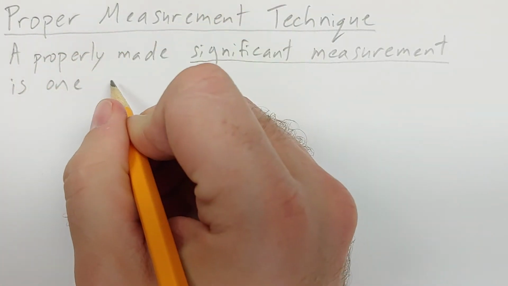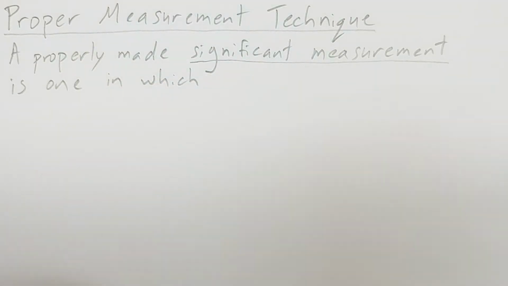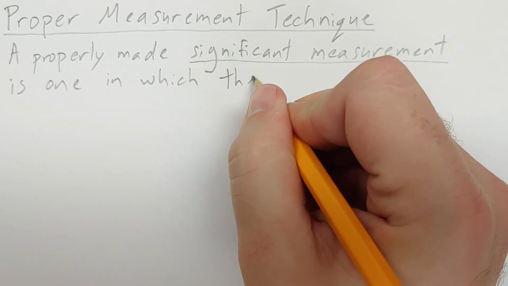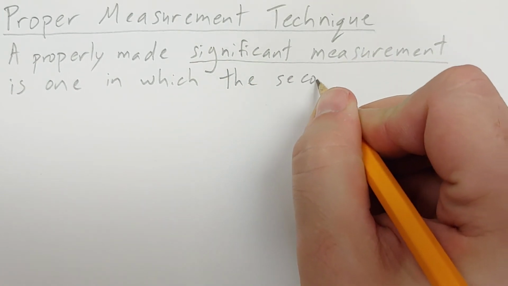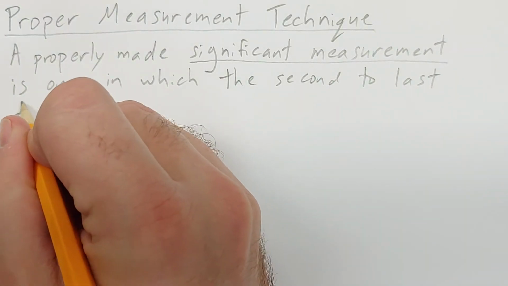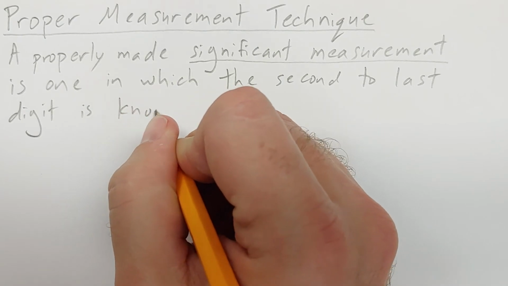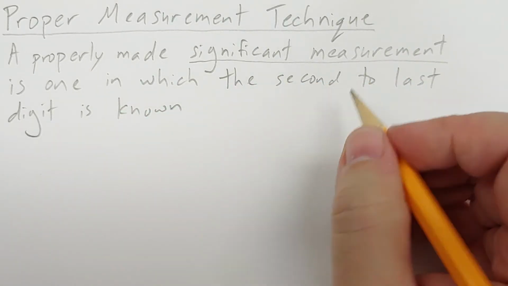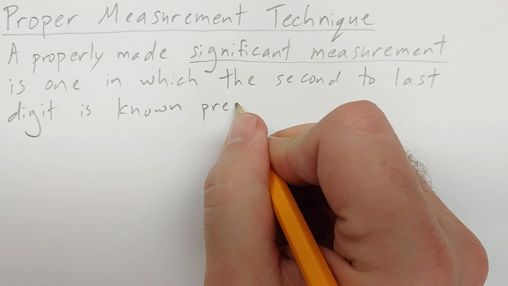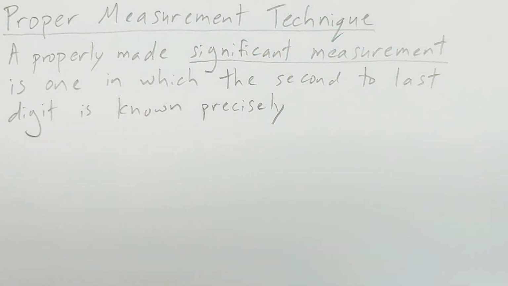So a properly made significant measurement is one in which the second to last digit is known precisely, usually because whatever measuring device you're using has a bunch of markings and you can tell what the last marking it's at is.